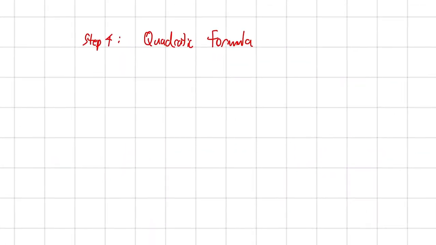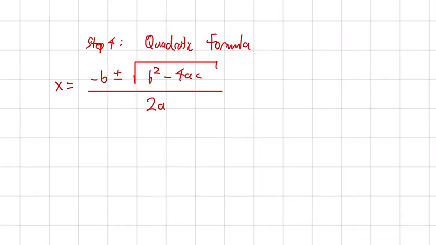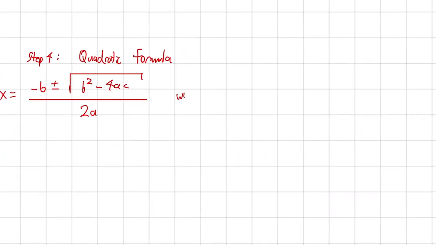So if we remember the quadratic formula, it's that x is equal to negative b plus or minus the square root of b squared minus 4ac all over 2a. And that is when we have our equation in the form of ax squared plus bx plus c all equal to 0.